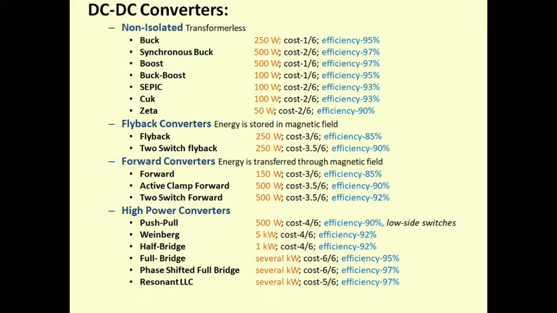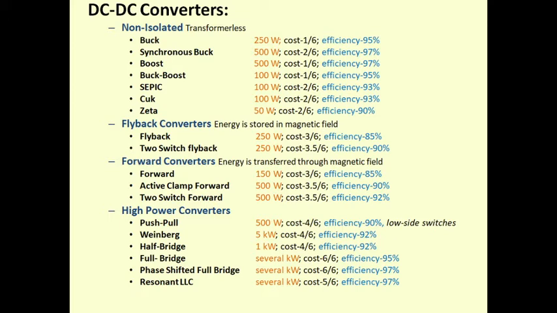We will see some of these DC to DC converters in our course, not all of them, but most of them will be covered. Then we have flyback converters, in which energy is stored in a magnetic field. By magnetic field we mean we can store it in an inductor or in a transformer. In any way, if you are storing the energy in the magnetic field, then it is a flyback converter.